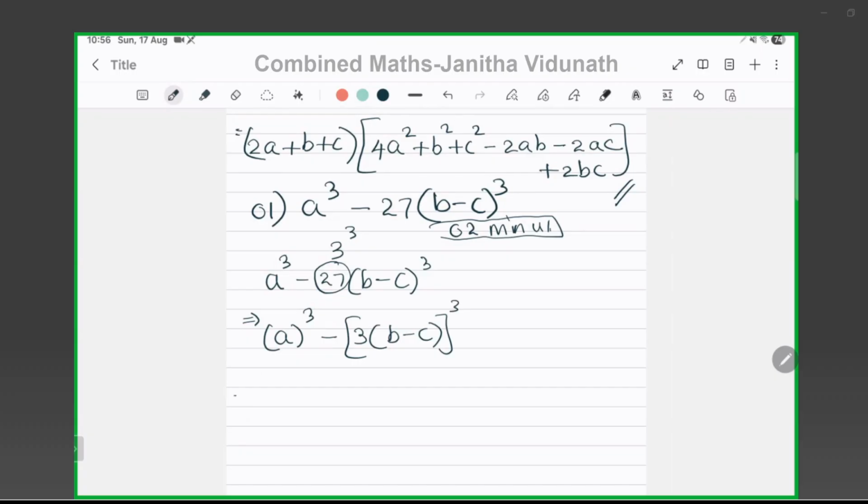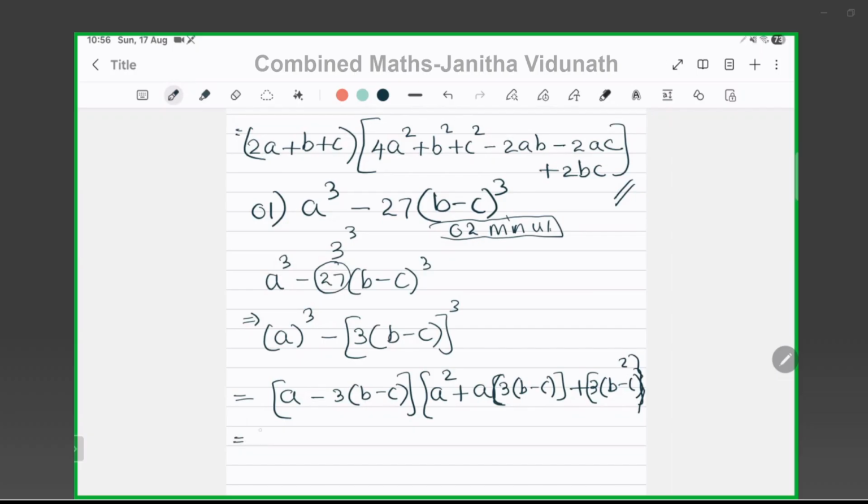Then we can factorize this as first term minus second term times square of the first term, opposite sign, first term times second term, times square of the second term.